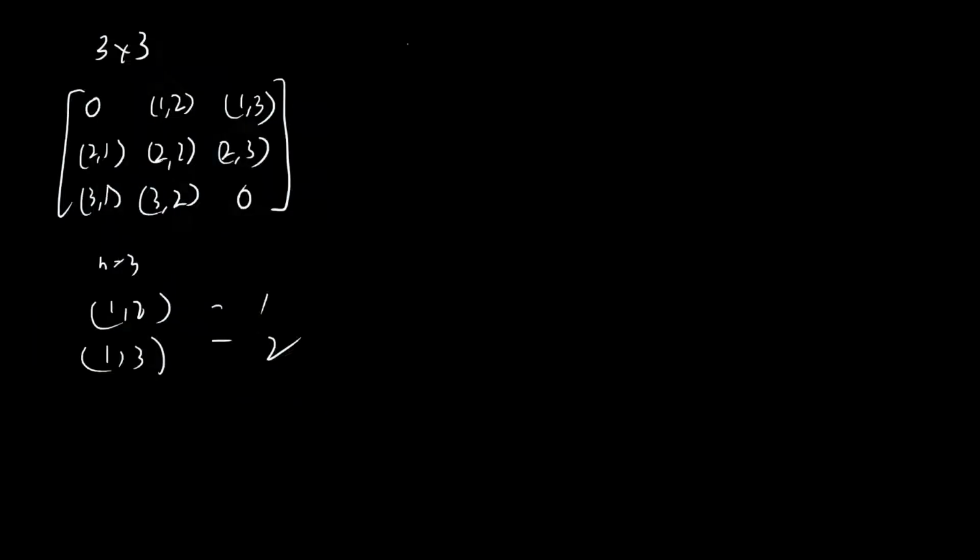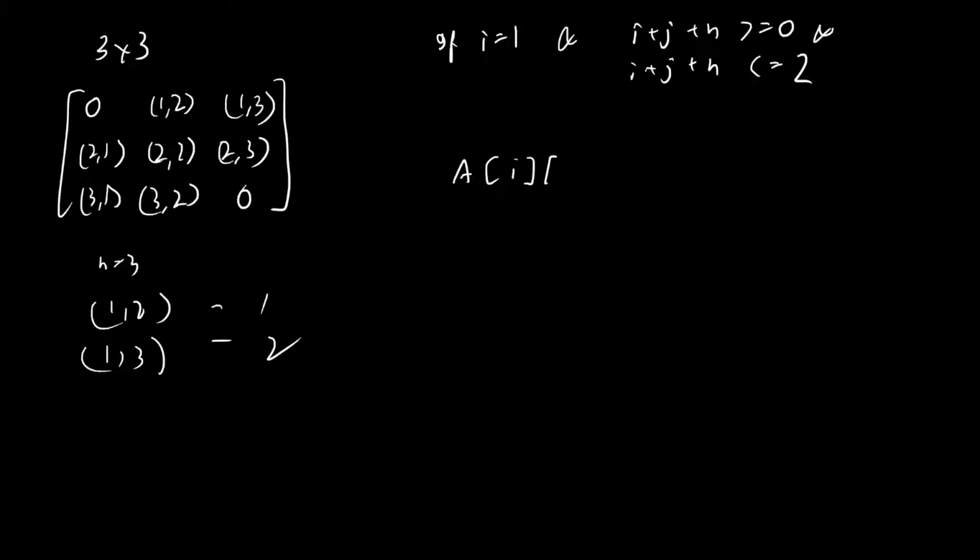Again, considering i equals 1, and the same condition, that was i plus j plus n greater than or equal to 0 and i plus j plus n less than or equal to 2, then aij equals b of j minus n plus 1.